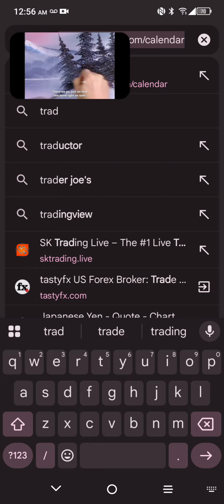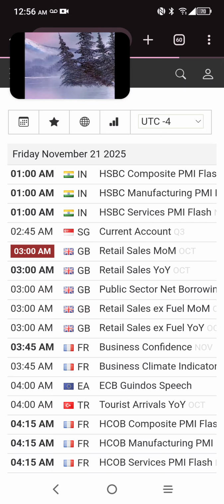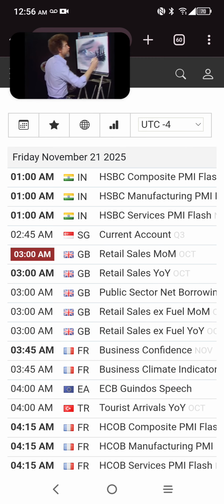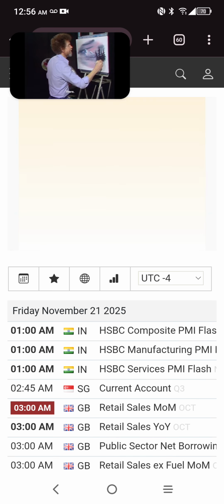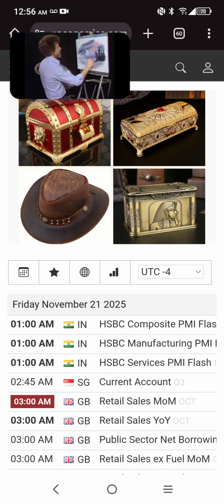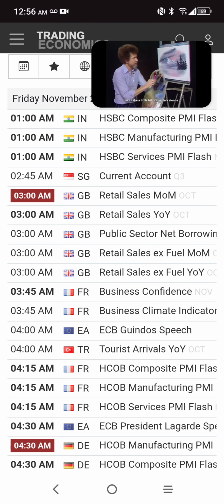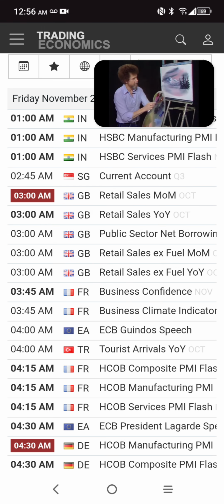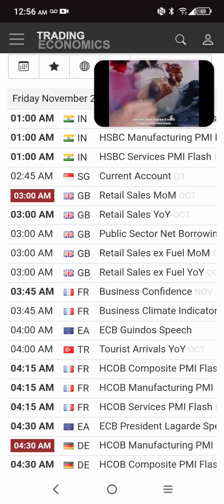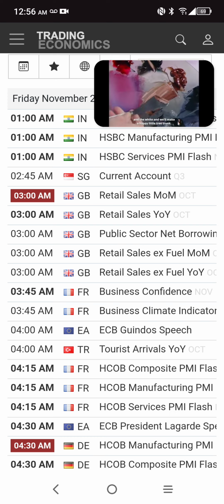Trading Economics calendar. Let's go over this calendar real quick. You see these red days? The name of the website is Trading Economics. It's the Trading Economics website calendar.